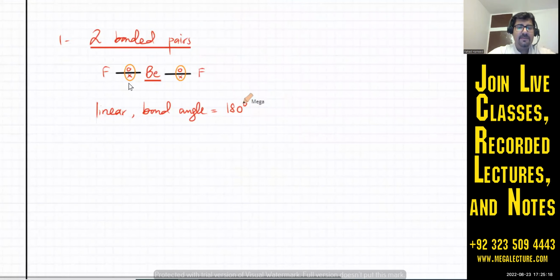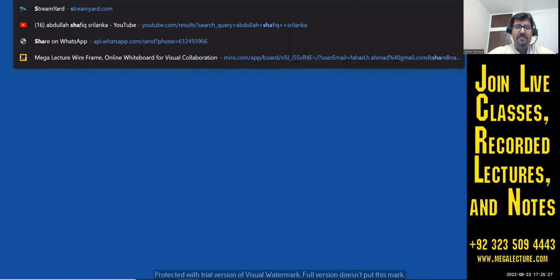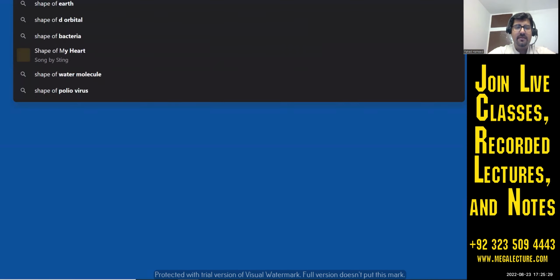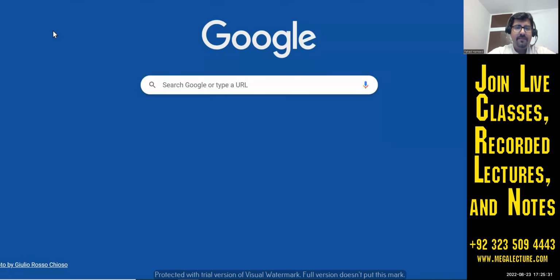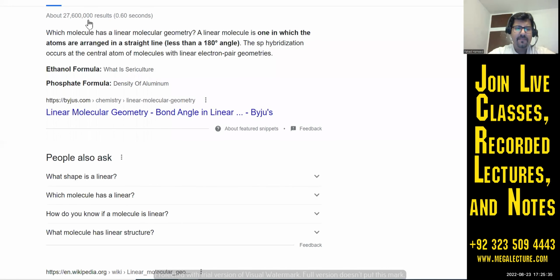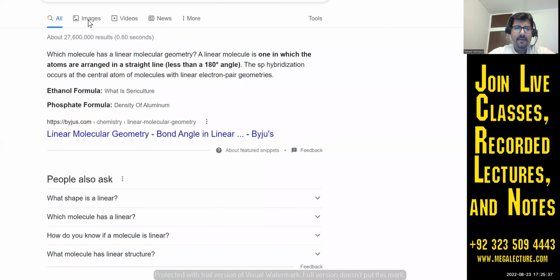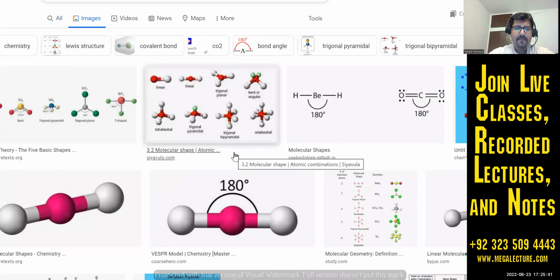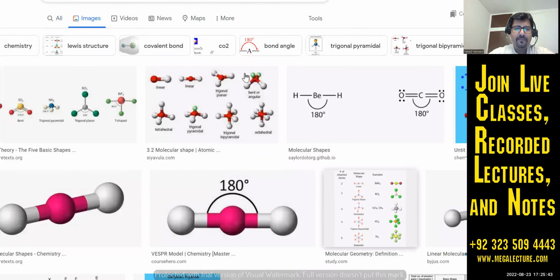And that's going to be the shape of the molecule. I'll show you the shape. Okay, so shape of molecule, मतलब वो models होते हैं. अच्छा, इसको हम सामने रख लेते हैं.